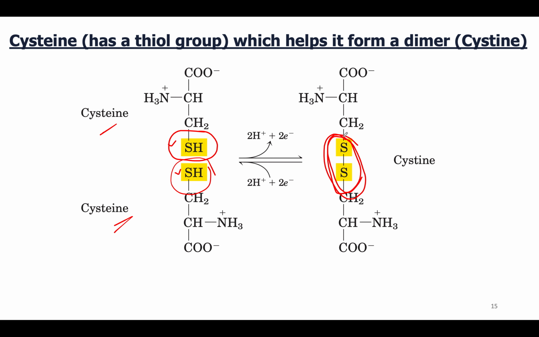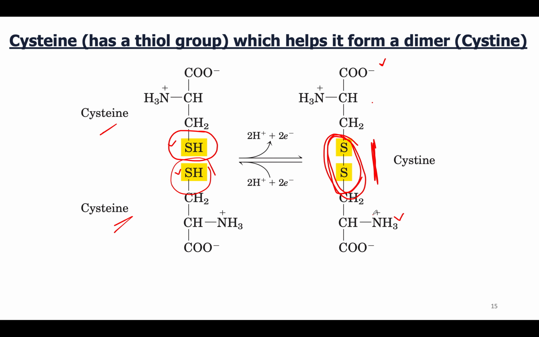So there is a particular way to identify. Somebody says in a protein there is a cystine. Cystine means there are 2 cysteine molecules which are existing as a disulfide bond. That means one cysteine will link with another cysteine.